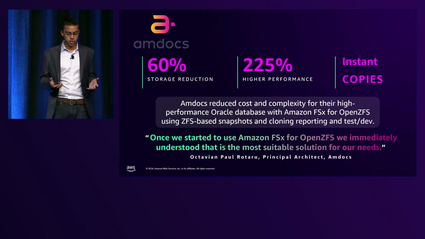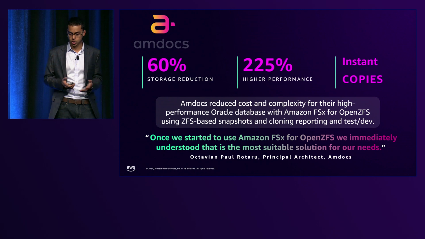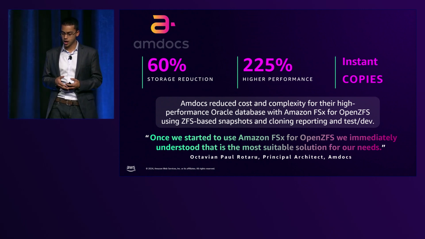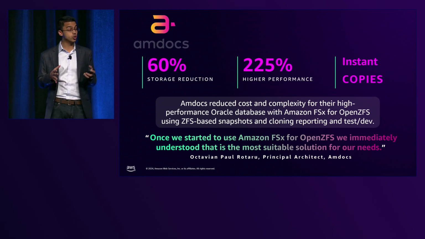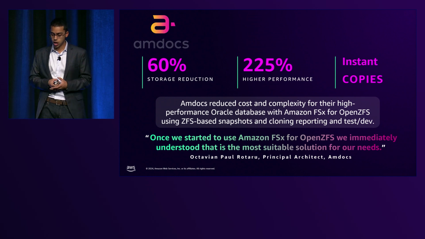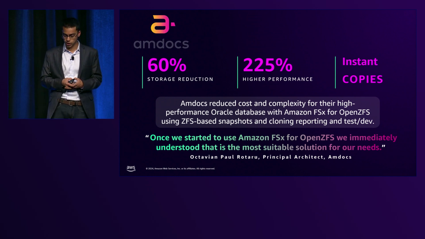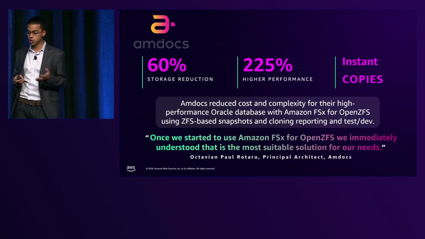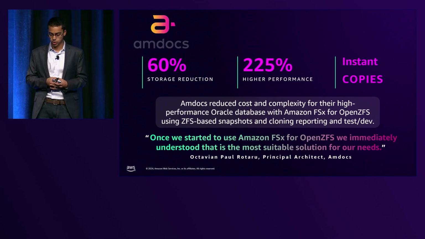So I'll share some examples of how customers have reduced cost. Since the intelligent tiering storage class was just announced yesterday, I'll talk about a customer using some of the other built-in cost optimization technologies. So Amdocs is a telecom company based out of St. Louis. They specialize in software for communications, media, and financial services companies.